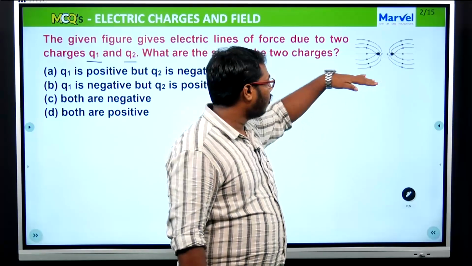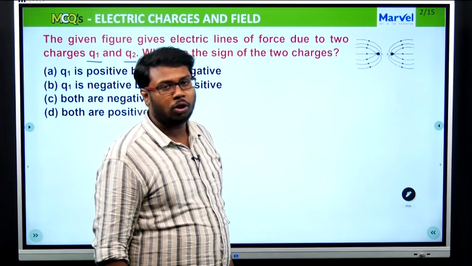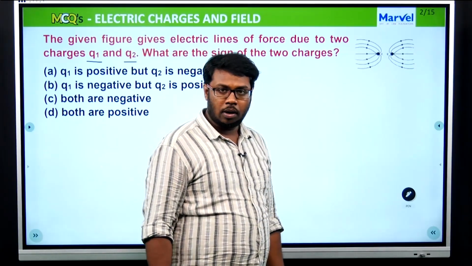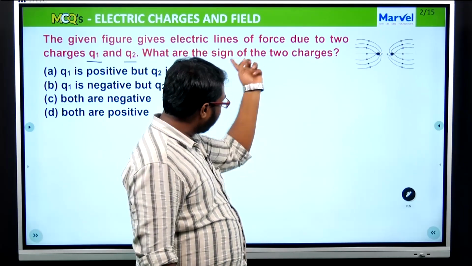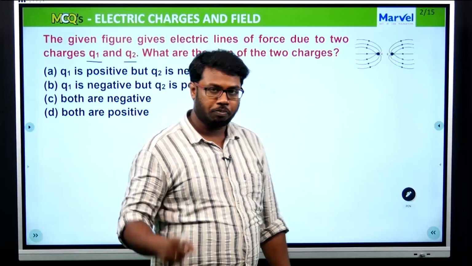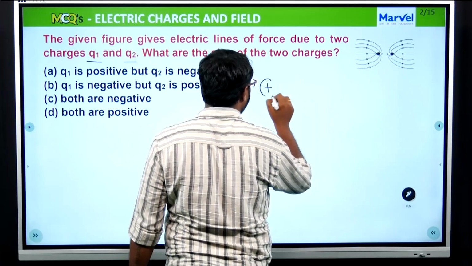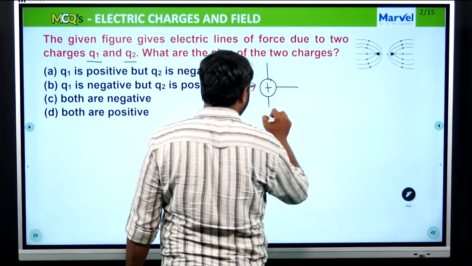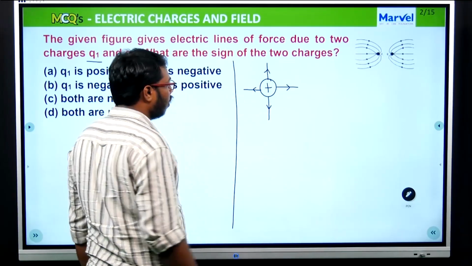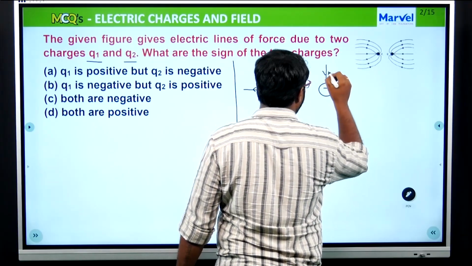Since they are not differentiating it like that, what I am going to look at is the direction of the electric lines. You can very well see that the lines are actually going into the charges. At the elementary level, we know that a positive charge will definitely have the electric lines pointing out, and negative charges will have the electric lines going inside the charges.